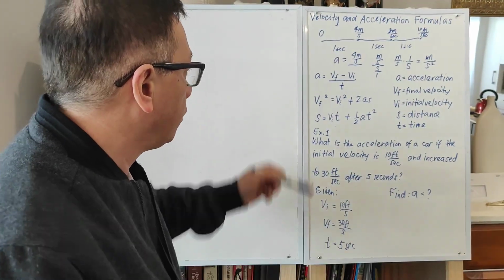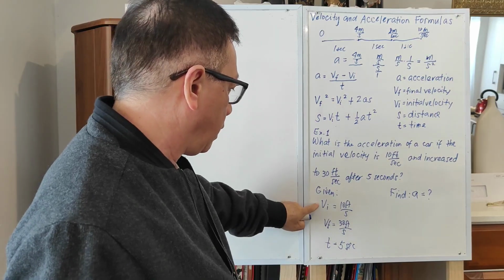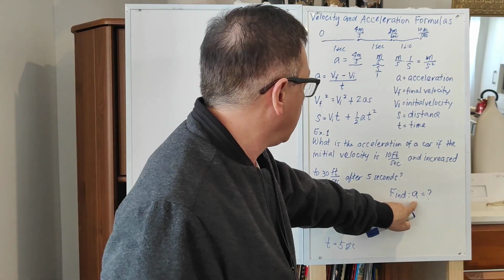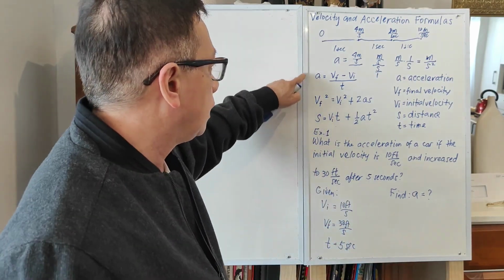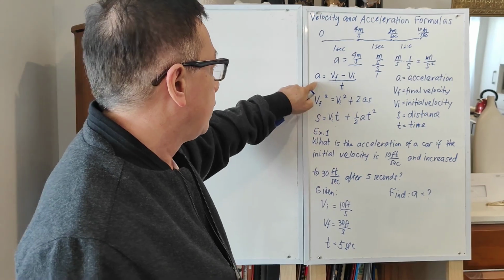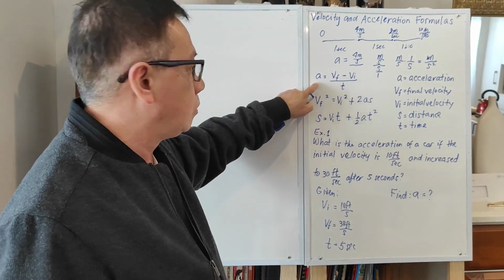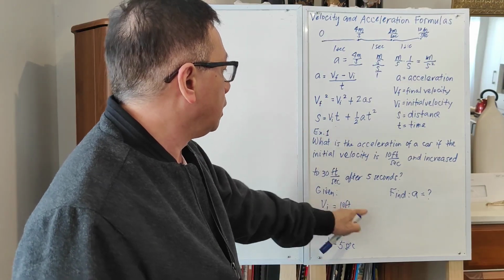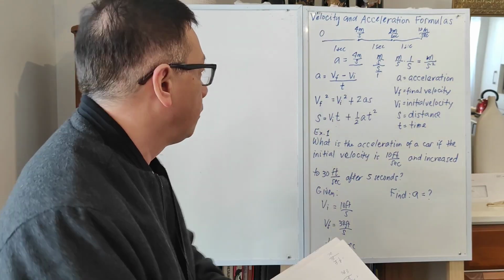Now looking at the formulas, we have the initial velocity, we have the final velocity, we have time, looking for the acceleration. In these 3 formulas, you can see that this is the one that we need to use. So we can now substitute all this given into the formula.